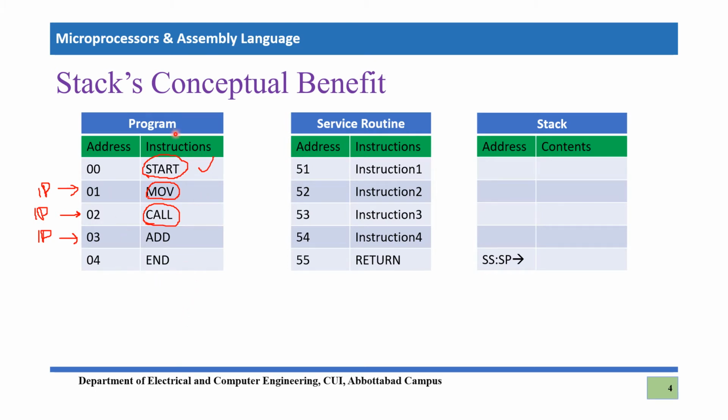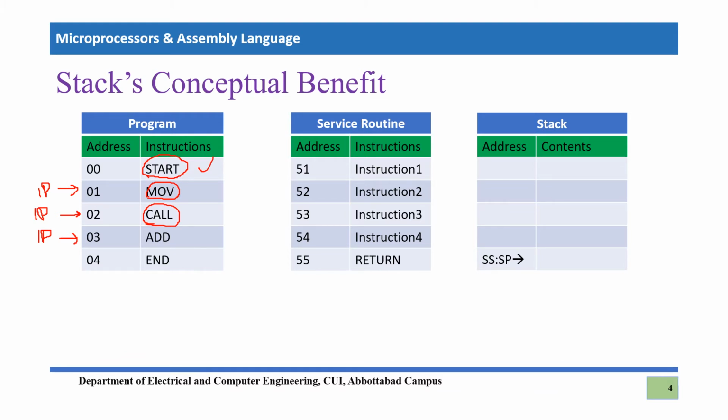So before leaving this main code, what does the microprocessor do? It will save the address of the next instruction, which is add. So this 03 should be stored in the stack. That is the procedure.